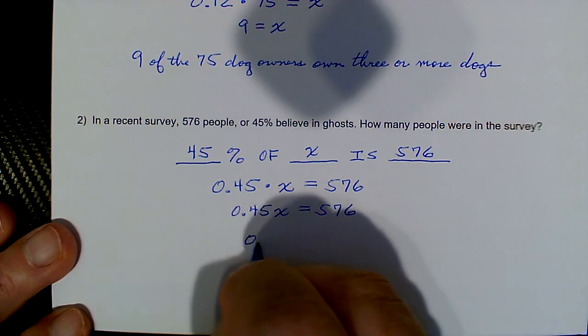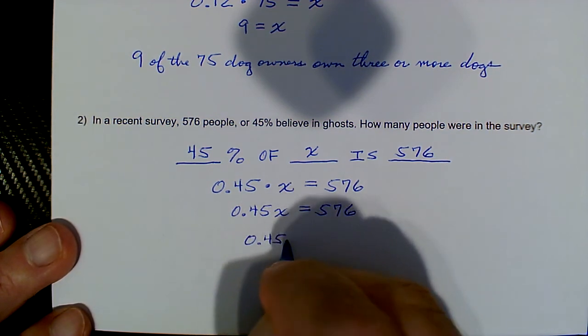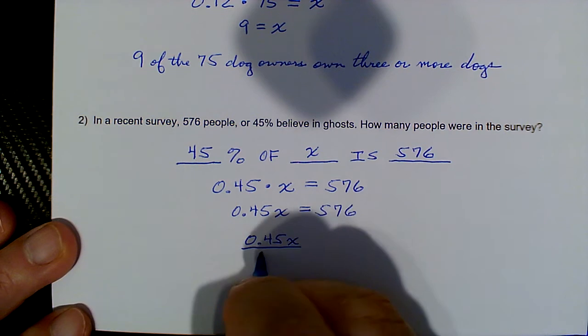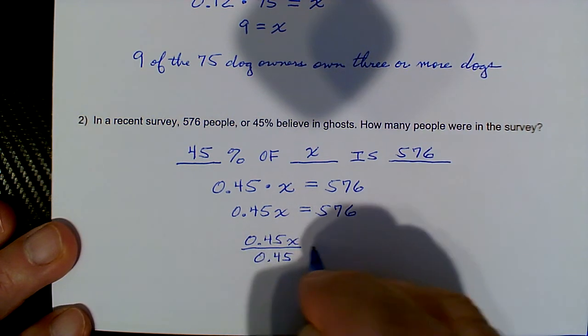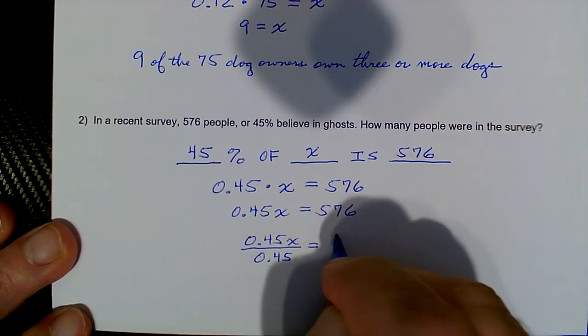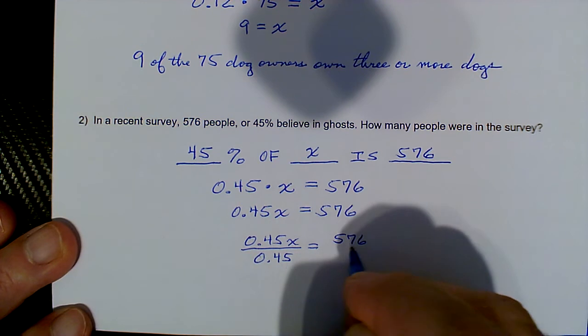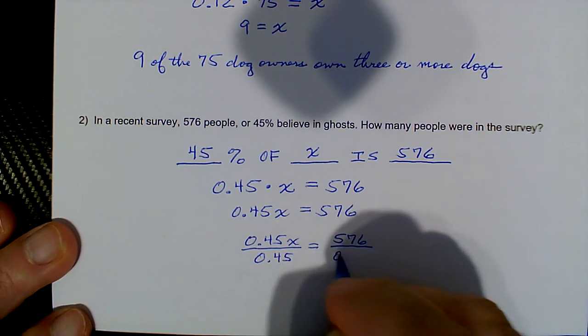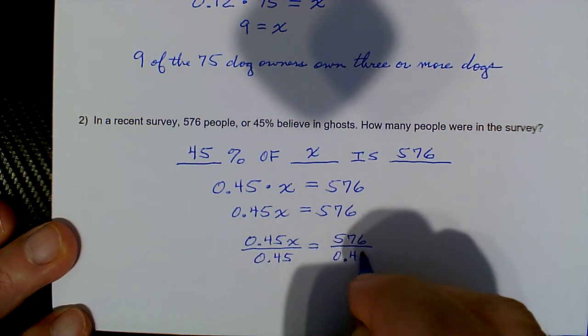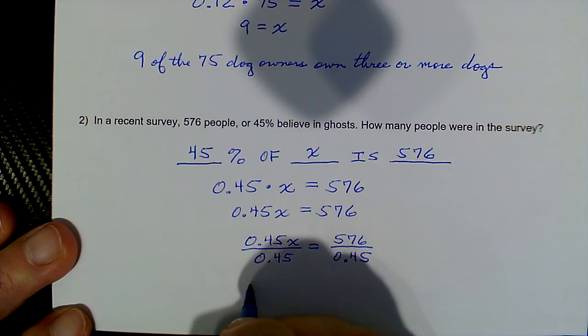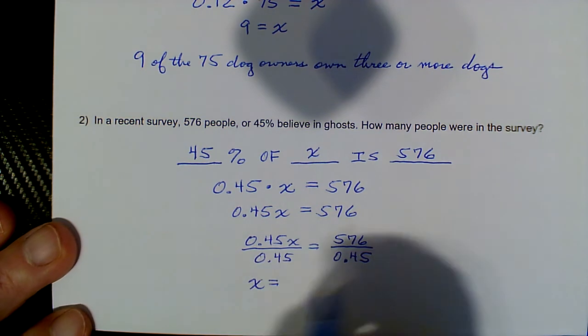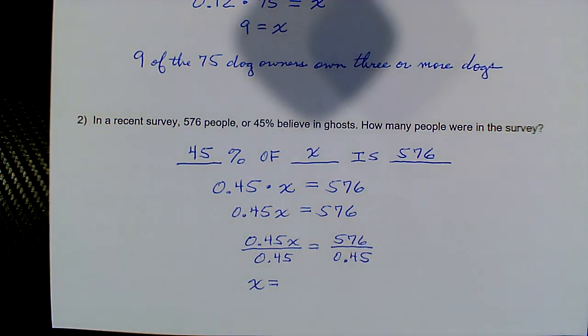And now it's just a basic division. So we're going to divide by the 0.45. Remember, never put the x down there. Mentioned that many times. So divide this side by 0.45 as well. And we get that x equals, obviously use a calculator for this one, 576 divided by 0.45 is 1280.